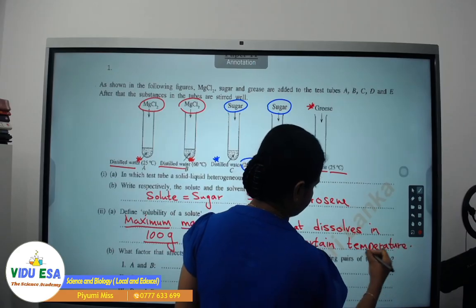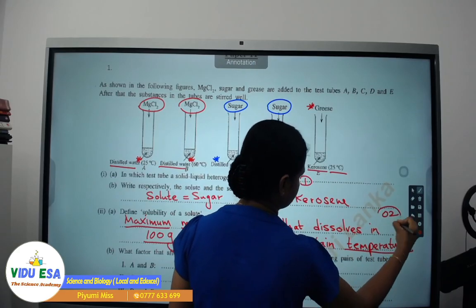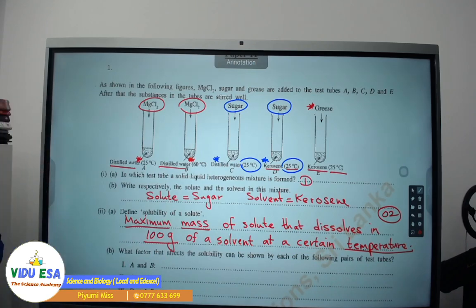So these are essential to get those 2 marks. Right? Maximum mass, 100 grams, temperature, these are essential.